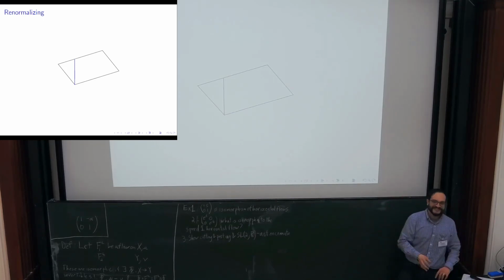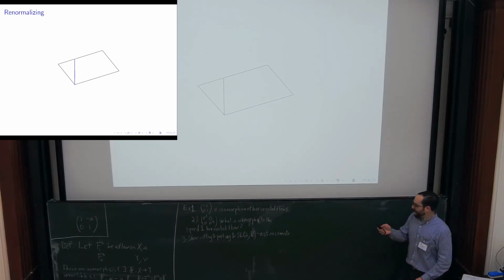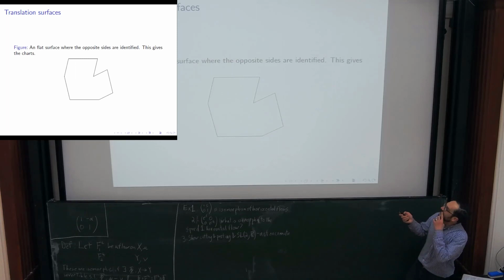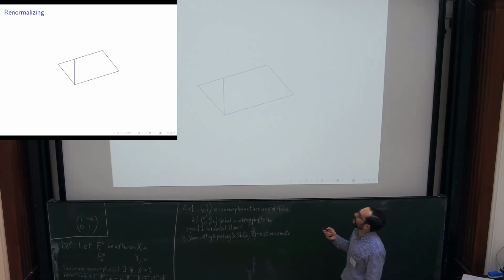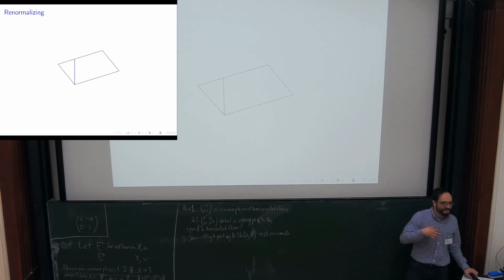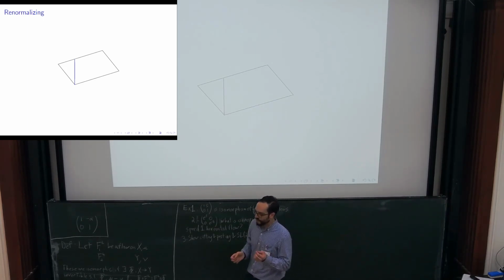Okay. So, any other questions? Great. Okay. So now I want to move on to translation surfaces. So what's going to be a translation surface? It's going to be a finite union of polygons in the plane, which has the following remarkable properties.